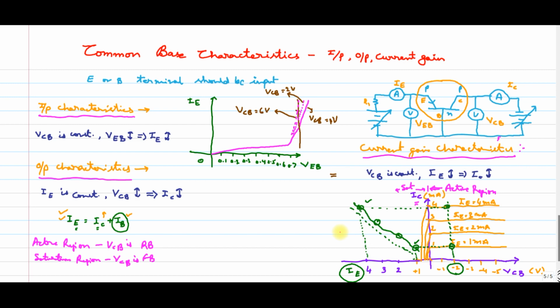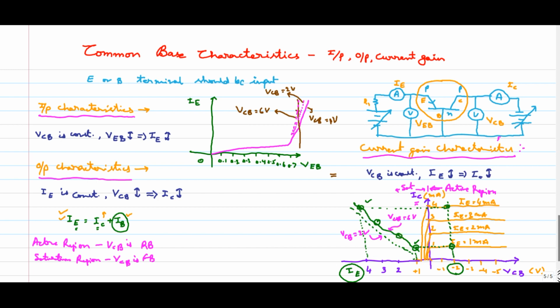The change will be very minute. If VCB equal to 2 volt, this may be the characteristics, and if VCB equal to 6 volt, this will be the characteristics. I have shown a wide range here, but it is not like that. They are almost the same.